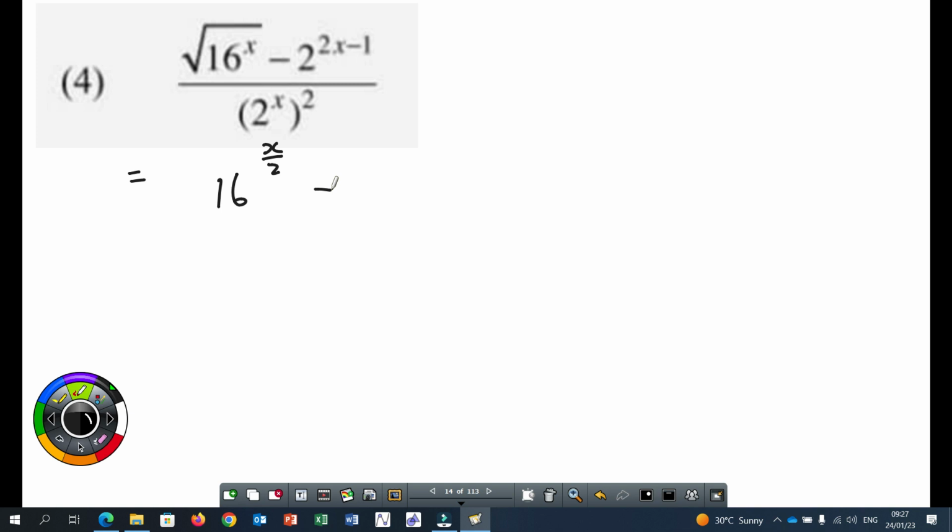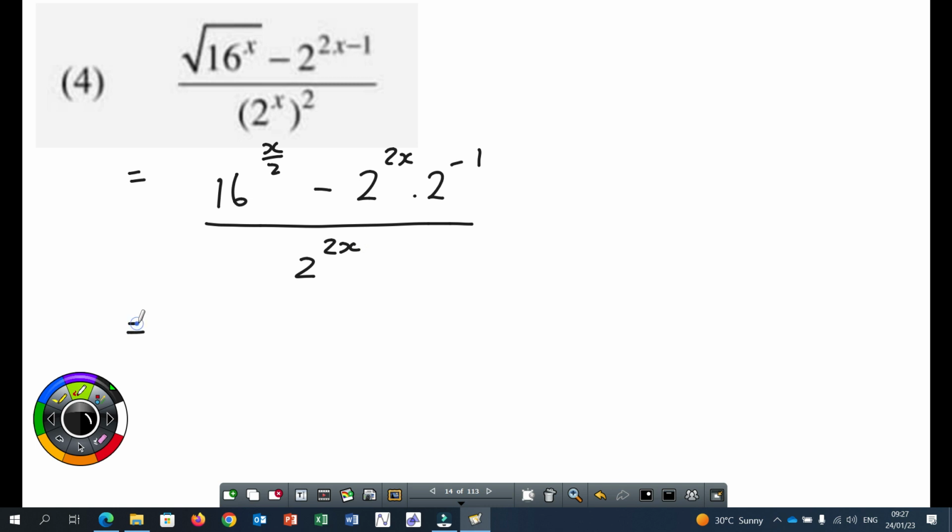Can you pay attention, please, and look here? So this will be 2 to the power of 2x times 2 to the power of minus 1, all over the denominator, I can write this 2 to the power of 2x. Are you following that?